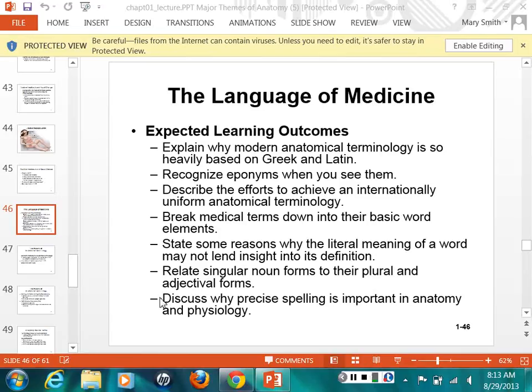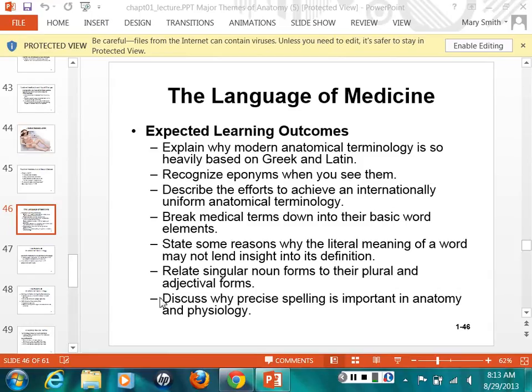Osteocytes. You can have combining vowels. Remember I told you guys, if you know how to break these words down by using that lexicon, you won't have to be looking at a dictionary or Googling the definition because you'll know what it means. Combining vowels will help you as well. A lot of these words are of Greek and Latin origin, which means some are difficult to pronounce.